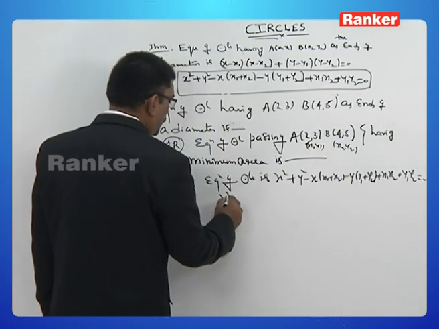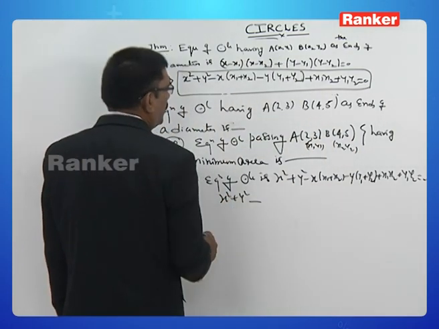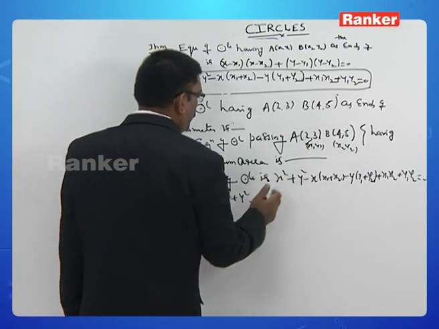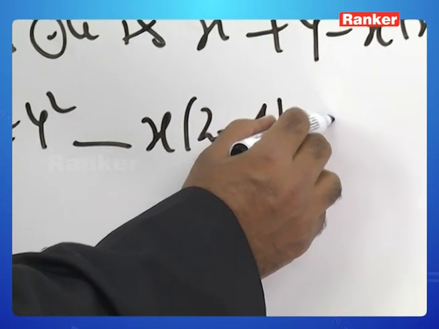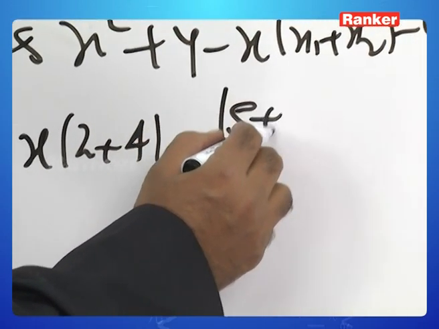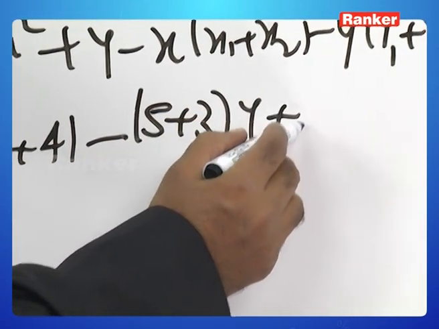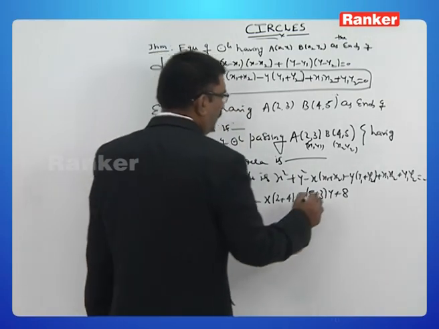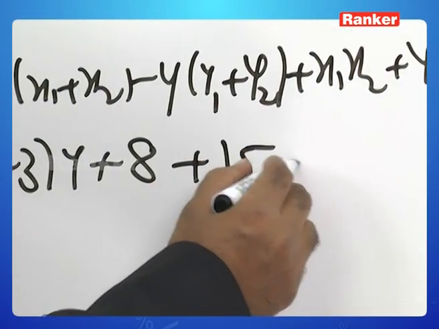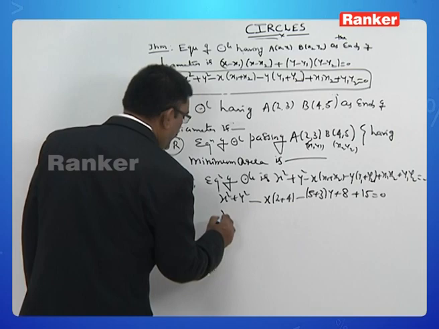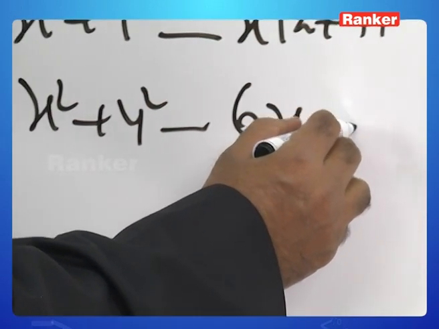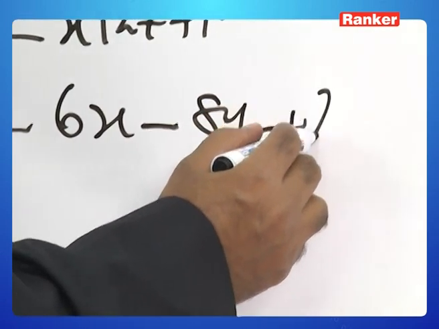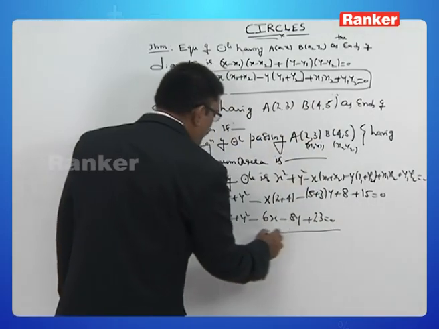So therefore x square plus y square minus x into (2 plus 4) minus (5 plus 3) into y plus x1 x2, that is 8, plus y1 y2, that is 15, is equal to 0. So therefore I can write x square plus y square minus 6x minus 8y plus 23 is equal to 0.